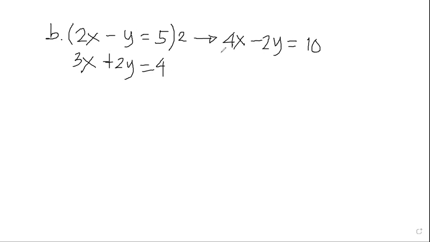Combine with equation 2, which is 3x plus 2y. You have less than a minute online, so please finish.